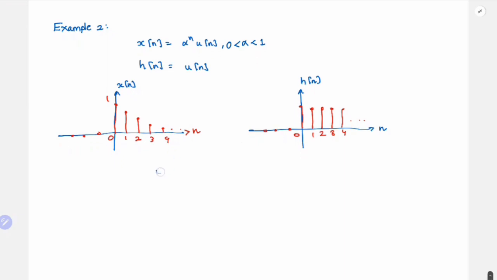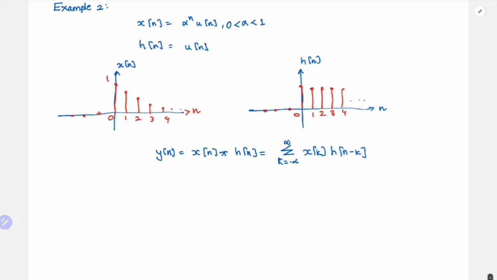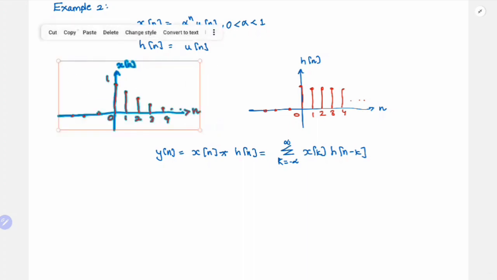So to find my y of n, again the convolution is denoted by this symbol. You already know that. So I have to write k equal to minus infinity to infinity x of k h of n minus k. Okay. So my x of k will remain same as x of n.